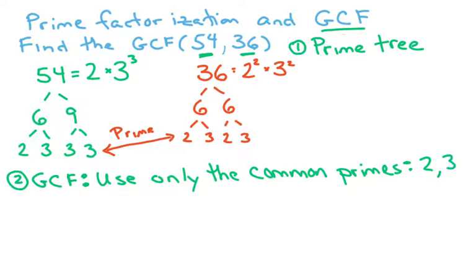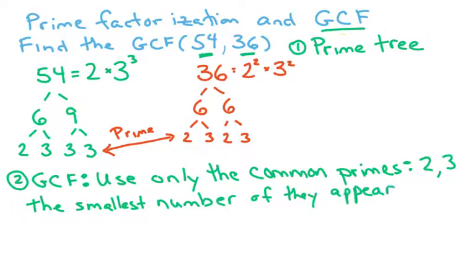Okay, so how many 2s and how many 3s? We're going to use the smallest number of times that they appear anywhere in a prime factorization. The smallest number of times they appear.